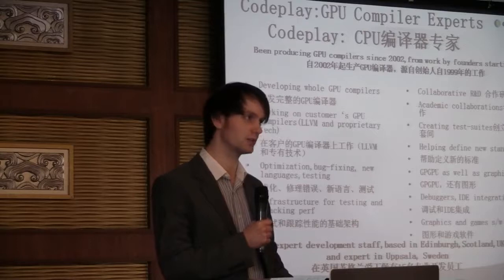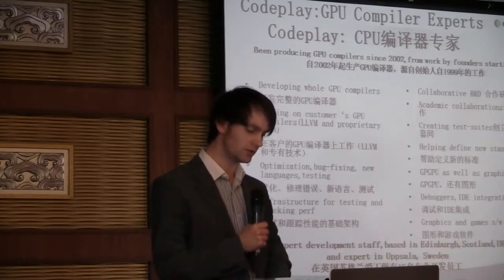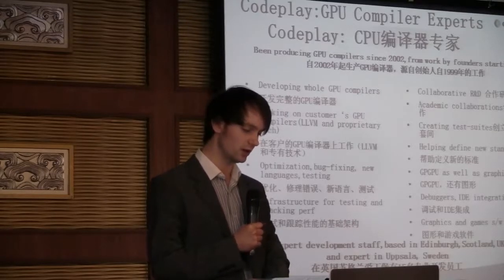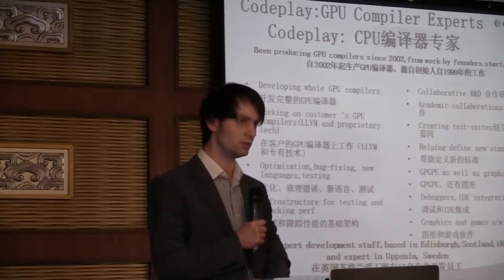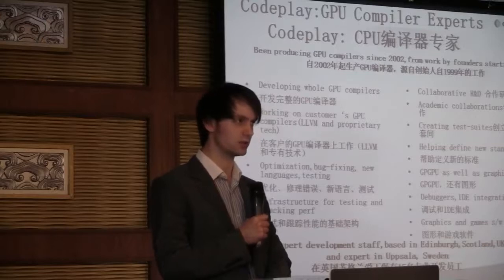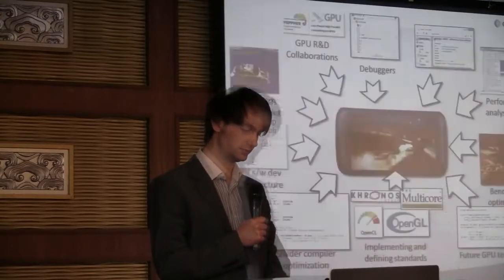We work with compilers. We started off in 2002 roughly, making CPU compilers, and we now work with making GPU-based compilers and compilers that target GPUs as well, and working with technology such as OpenGL and OpenCL.